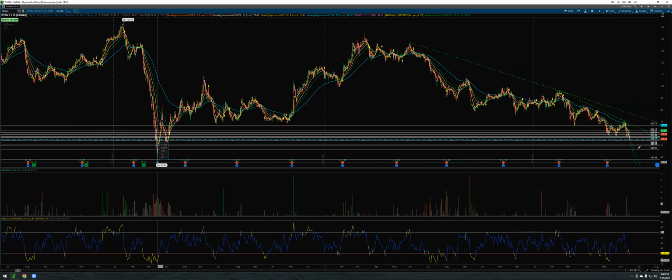Same here on your pivot. It breaks the pivot, confirms, you wait for a retest to the pivot, and then you take a short. It could be in the next candle or in the next two, but it's better to wait to retest.